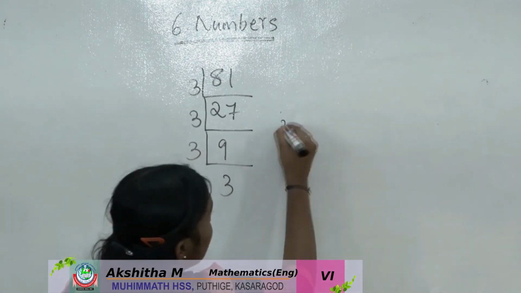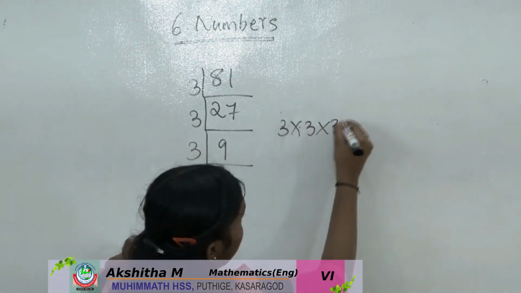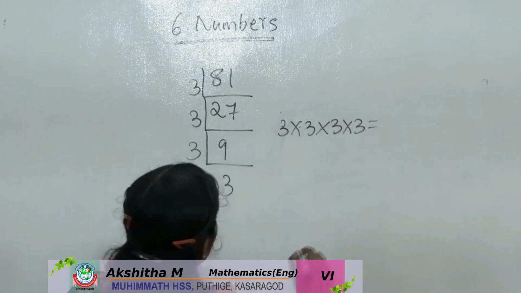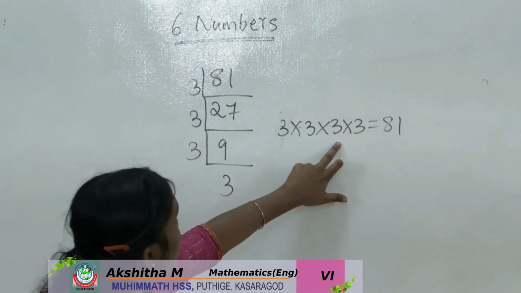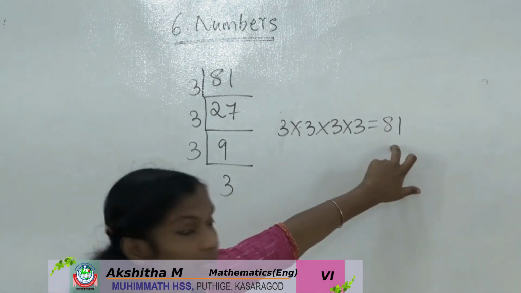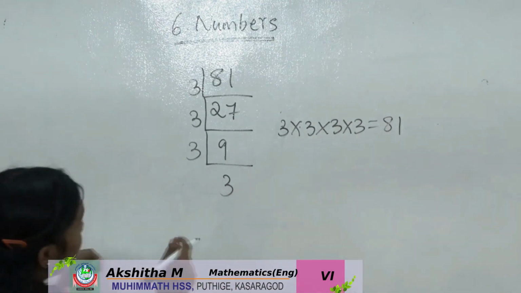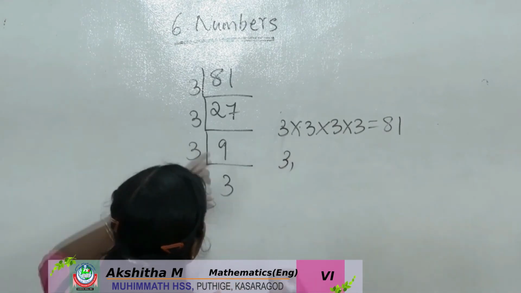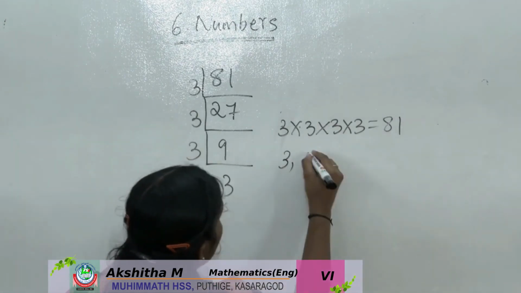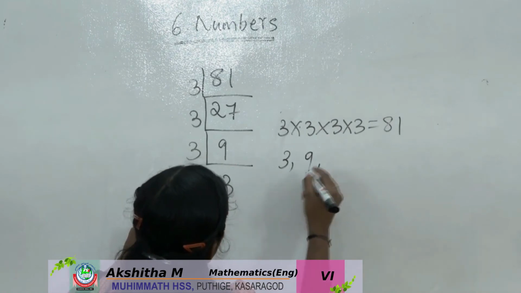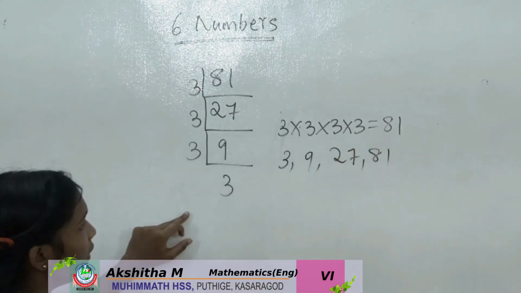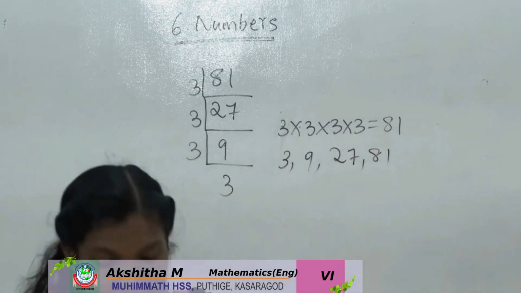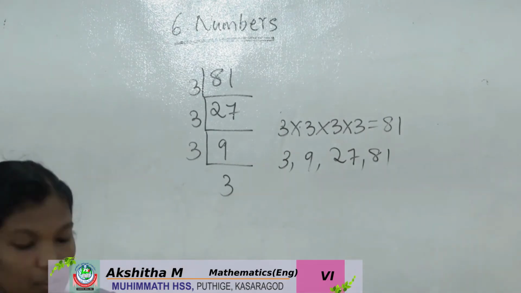We can write 3 into 3 is 9, 9 into 3 is 27, 27 into 3 is 81. So the factors of 81 are 3, 9, 27, 81. Is it clear?